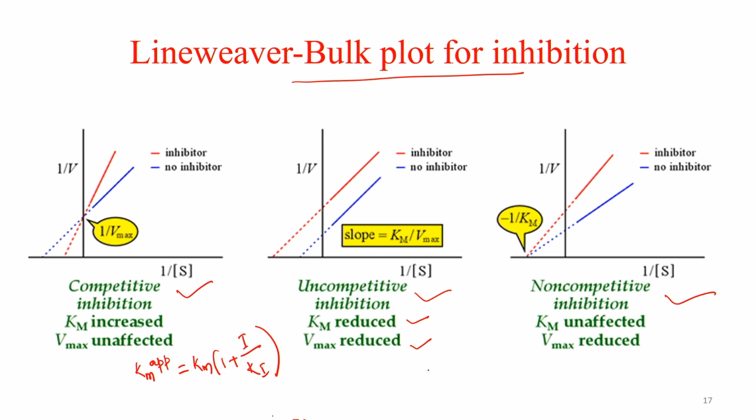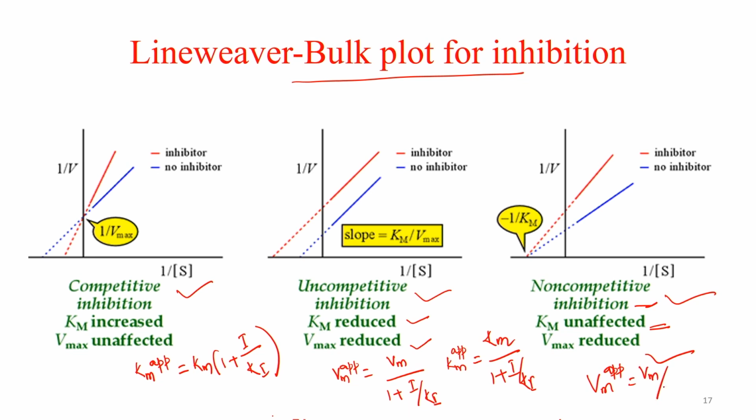So, here V max apparent is V max divided by 1 plus I divided by Ki, and Km apparent is Km divided by 1 plus I upon Ki. In the case of non-competitive inhibition, Km remains unaffected and V max is reduced, V max apparent is V max divided by 1 plus I upon Ki.